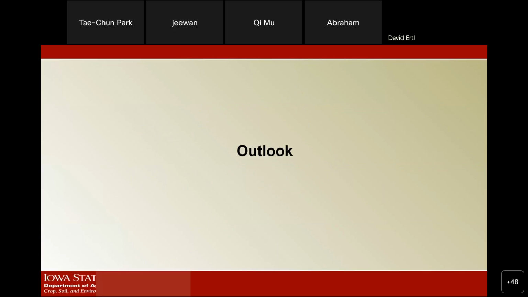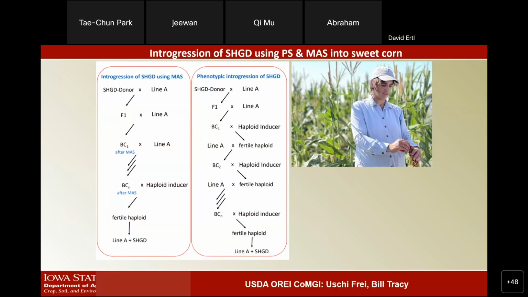So how do we use this? What are the next steps here? We have an ongoing organic project where Ursula Frei is working with Bill Tracy to use the region on chromosome 5 from A427 to try to integrate it in different backgrounds, in this case in sweet corn.